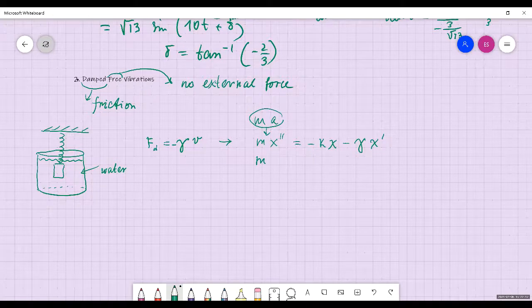If we move everything to the left side, we are going to have a standard second order constant coefficient equation. That's what we were doing the past 3 days, right? Usually people are going to divide it by m. That's up to you. You can divide it by m, because normally people like to denote this as omega squared. I'm going to do the division.